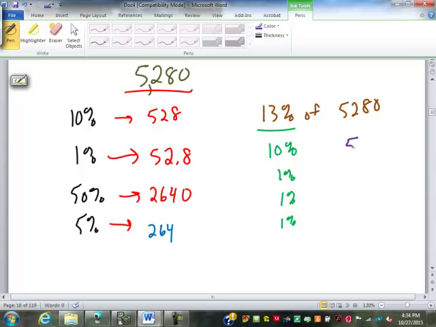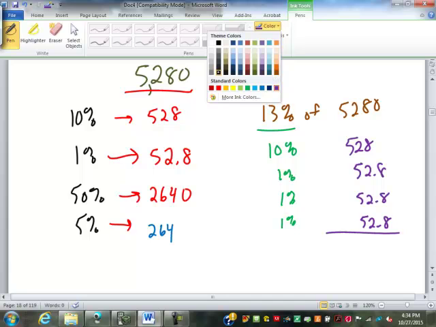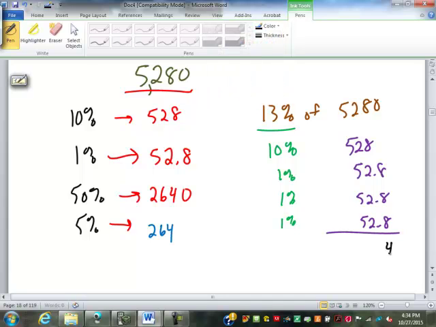So 10% is 528, 1% is 52.8, and all three times will be 52.8. So all we have to do is add them up. 686.4 is what we come up with, right?